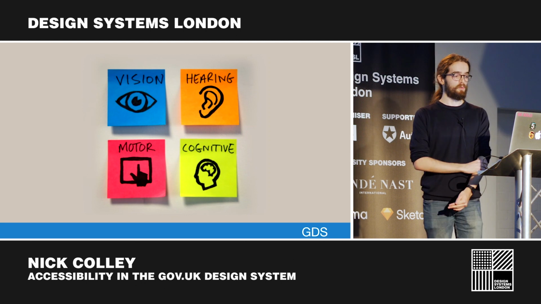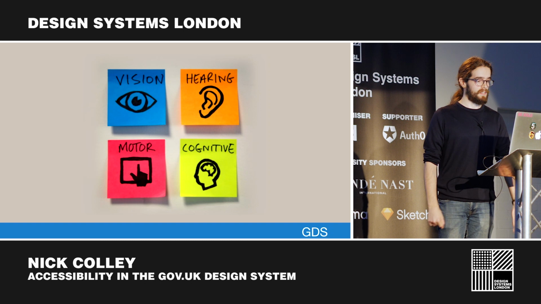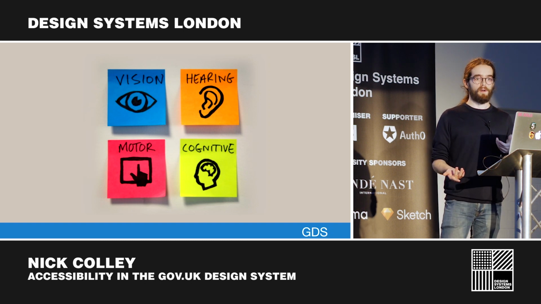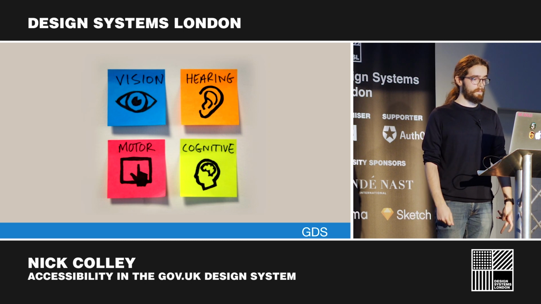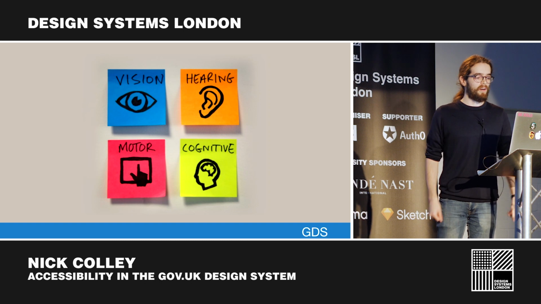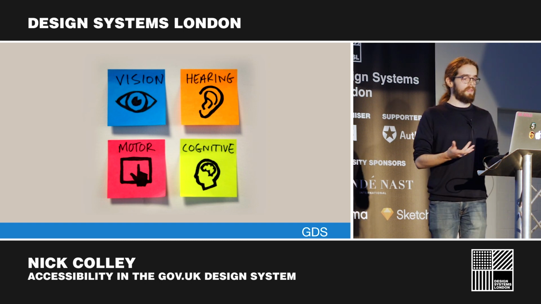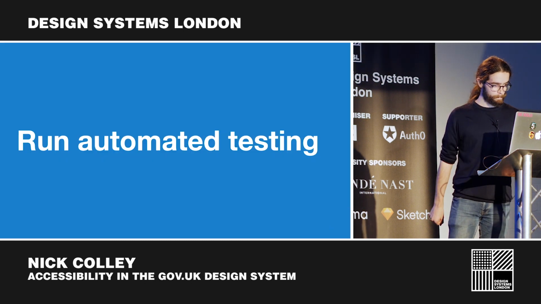So vision is people with sight impairments, or could be people with color blindness, that kind of thing. Hearing, people who are hard of hearing or deaf. Motor, this might be people that struggle to use a mouse or a keyboard. And then cognitive, so there's people that maybe have dyslexia or learning difficulties.